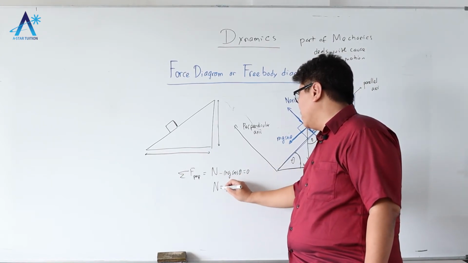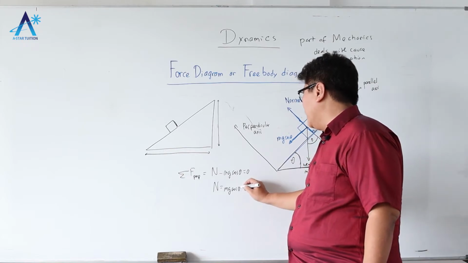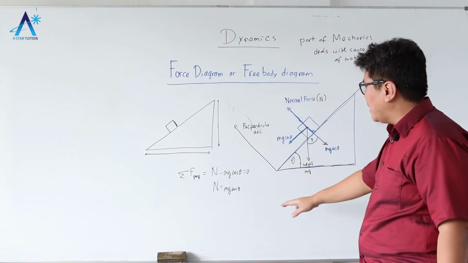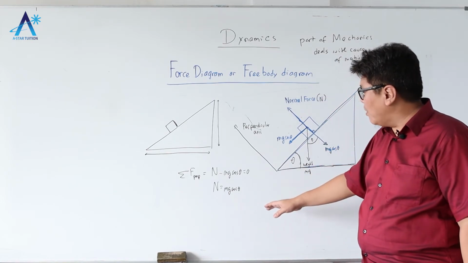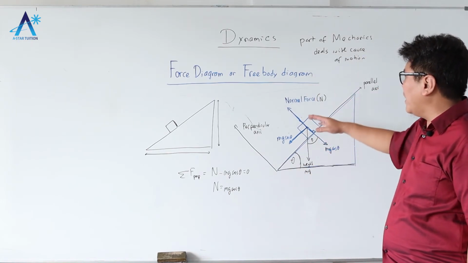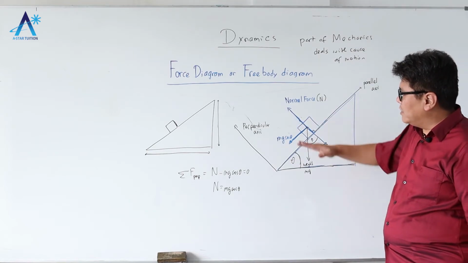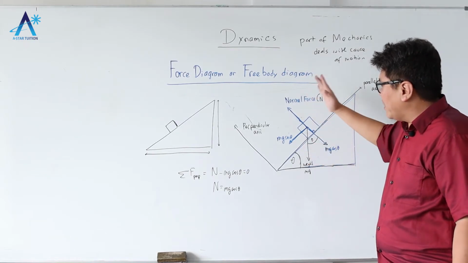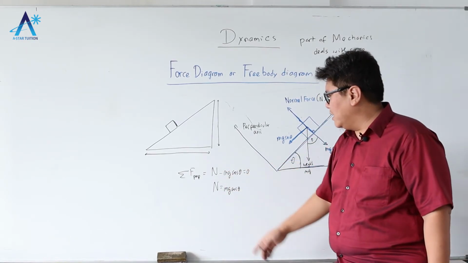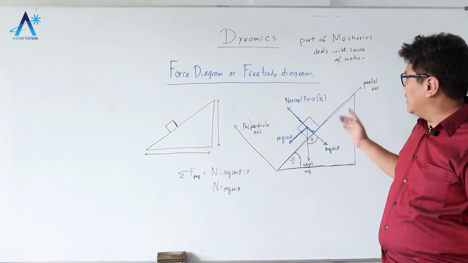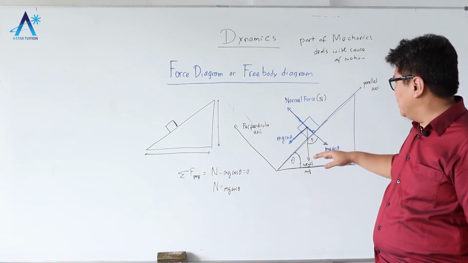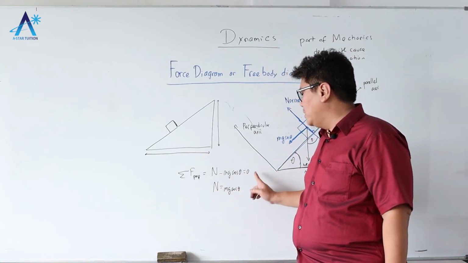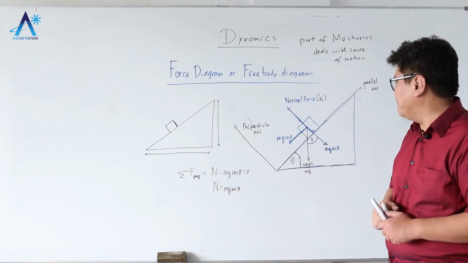So in this case, the normal force is equal to mg cos theta. Please understand that on an inclined plane, it's equal to mg cos theta, but it doesn't always have to be equal to this. If you have any additional forces that, when you resolve them in this perpendicular axis, can add up to this. But as long as the object is constrained to move within the plane, the sum of the perpendicular forces will always equal 0. So that's the starting point.